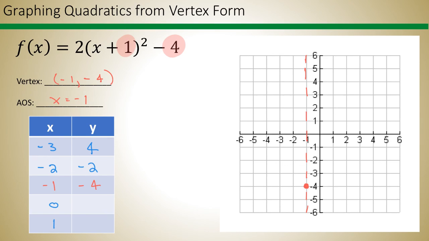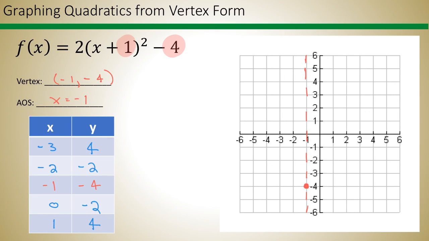And then when we sub 0 in, that should also be -2, but let's check. 0 plus 1 is 1, 1 squared is 1, 2 times 1 is 2, 2 minus 4 is -2. And then 1 should also give me 4, but let's double check as well. 1 plus 1 is 2, 2 squared is 4, 2 times 4 is 8, 8 minus 4 is 4.